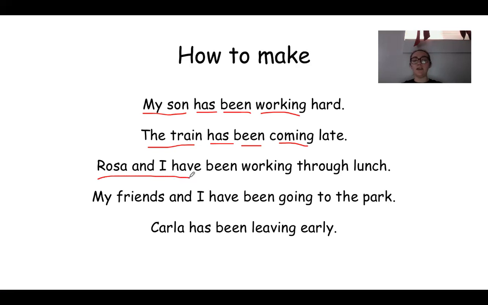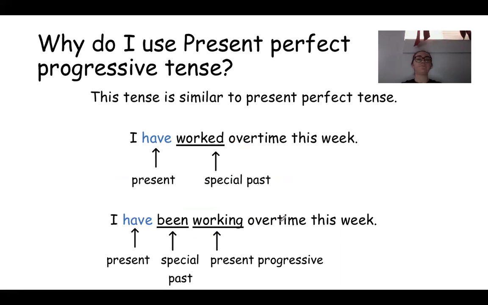Rosa and I, we have been working through lunch. My friends and I, we have been going, right? It's the verb go, and we just put an ing at the end, to the park. Carla has been leaving early, right? Just add an ing on to leave.